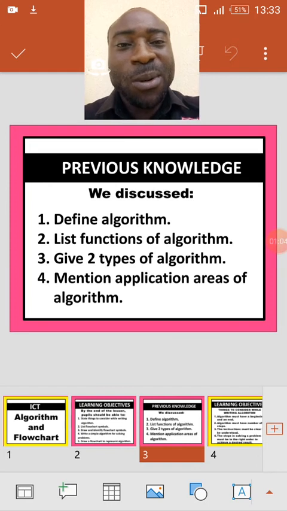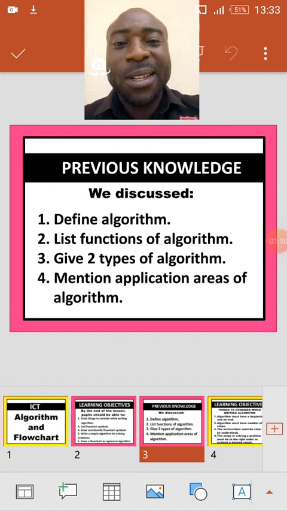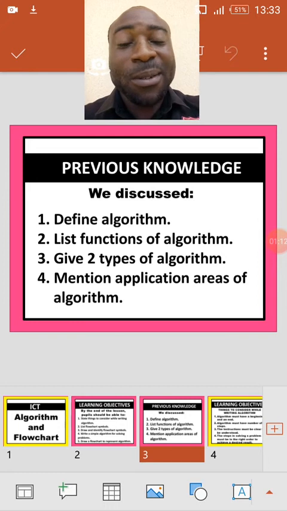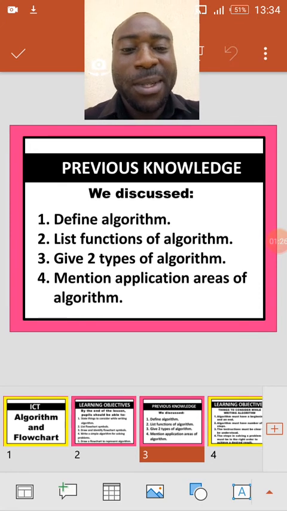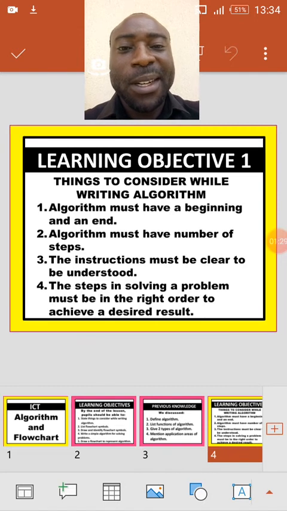Pseudocode is a narrative description of algorithm written in English-like statements, and flowchart uses shapes and symbols. We also mentioned application areas of algorithm: it can be used in computing, in mathematics, and in solving human problems.